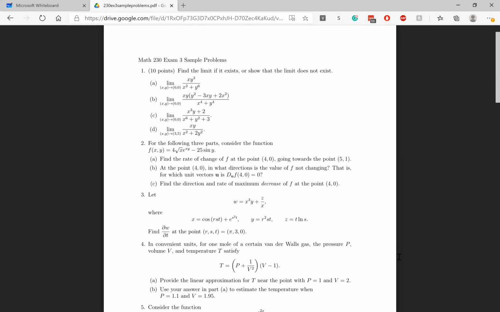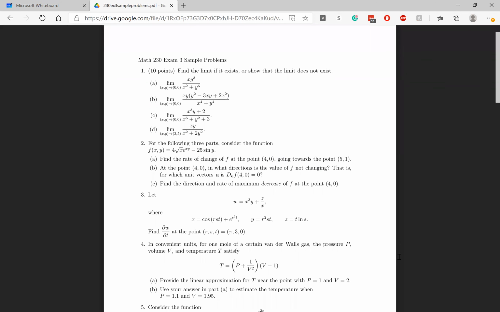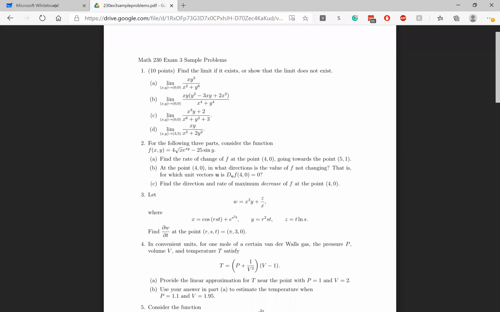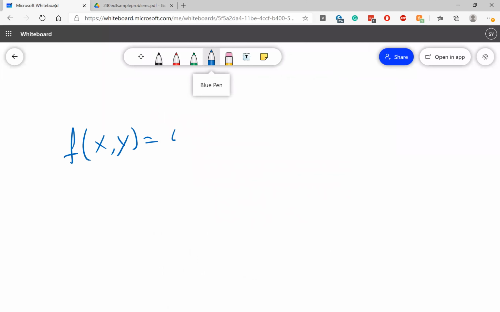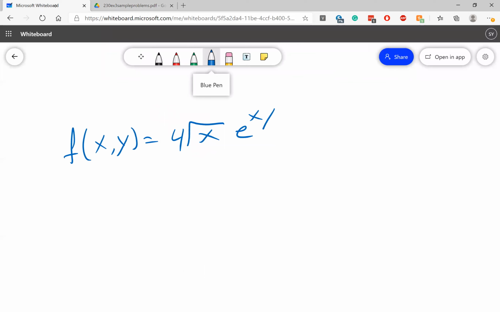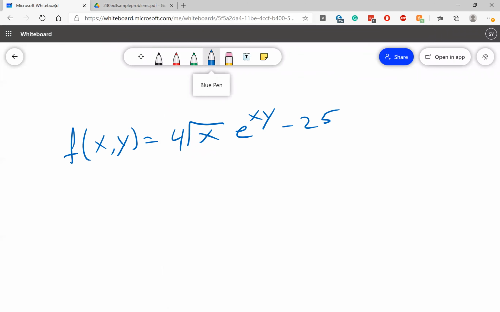So for the following 3 parts, consider the function, okay, find the rate of change at the point (4, 0) going towards the point (5, 1). So let's start with that. So now f of (x, y) is going to be equal to 4 square root of x e to the xy minus 25 sine y.